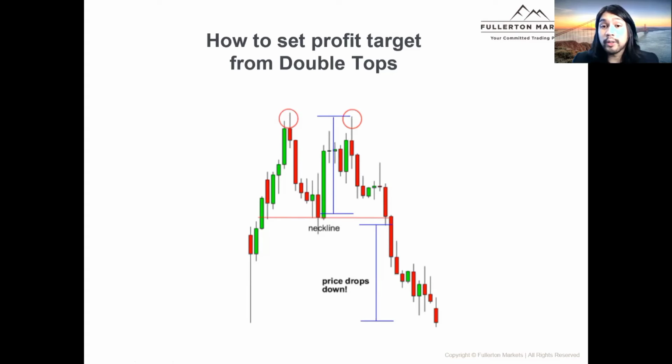But for now, keep in mind that the profit you will target is dependent on the space between the neckline and the top. So let's go over some rules before you trade this. First, the market has to come from an uptrend, meaning prices have been moving up for a period of time. A double top must form, and a neckline must form before we enter the trade, okay?